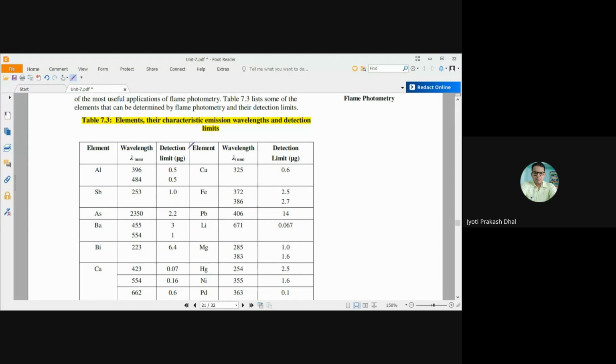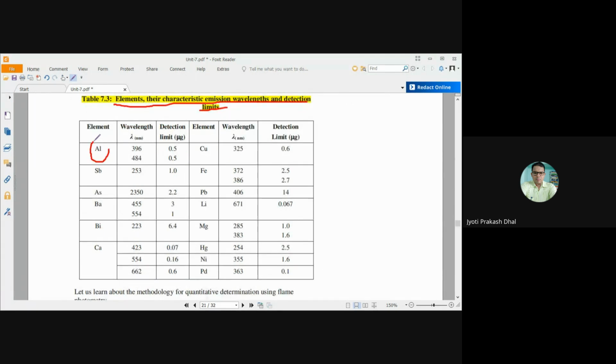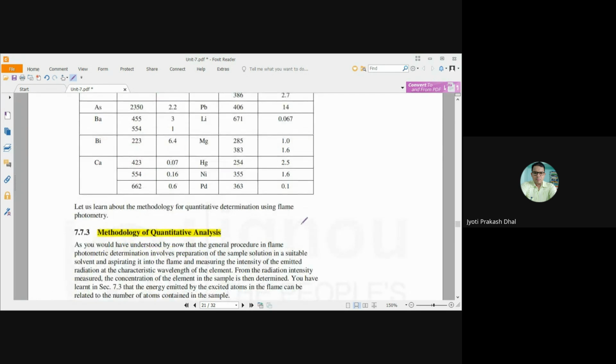So here are the different elements and their characteristic emission wavelengths and detection limits. Aluminum produces two characteristic emission lines, with a detection limit of 0.5 microgram. Similarly, these are the different elements and the corresponding wavelengths and detection limits given here.